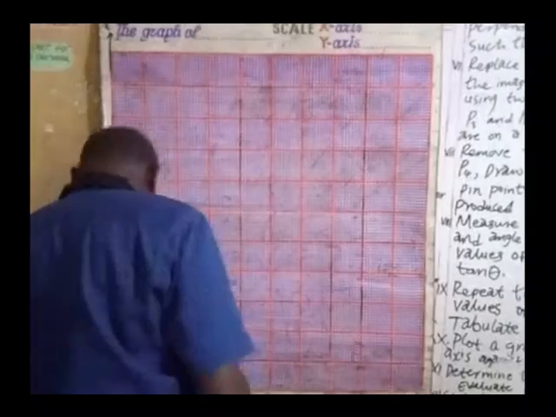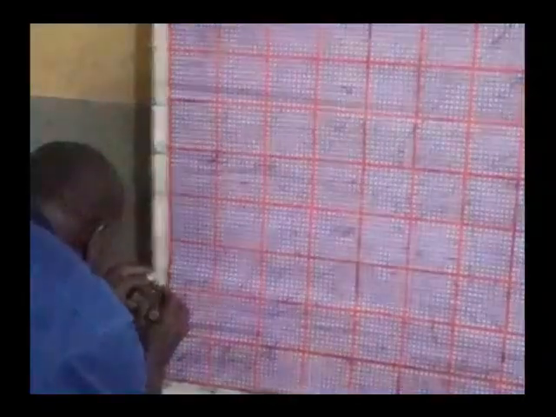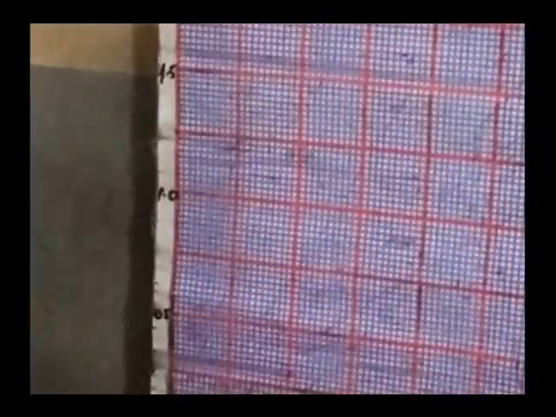So this will be 0.5. 20 small squares is equal to 0.5. So 0.5, 1.0, 1.5, 2.0. Horizontal S inverse, maximum of 1 and minimum of 0.2.